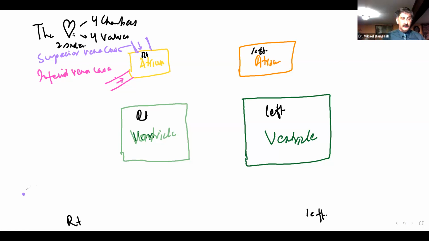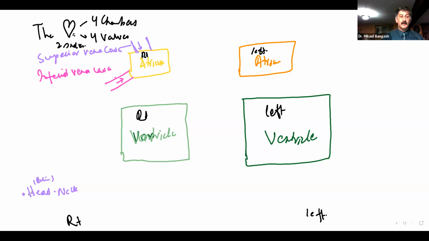But simply, we can say the superior vena cava is going to bring blood back from the head, your neck, and what we know is inside the head, the brain. So every structure within the head and the head itself: the eye, the nose, the ears, the mouth, the tongue, the gums, everything that falls within the head.